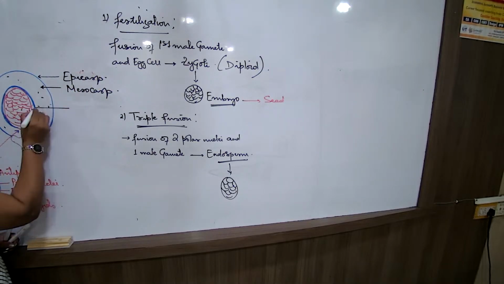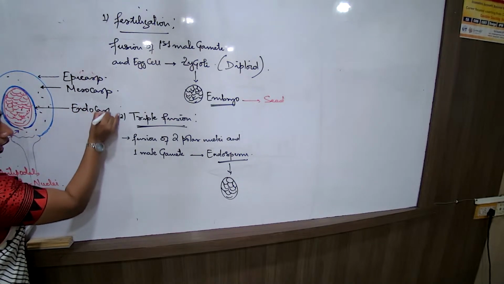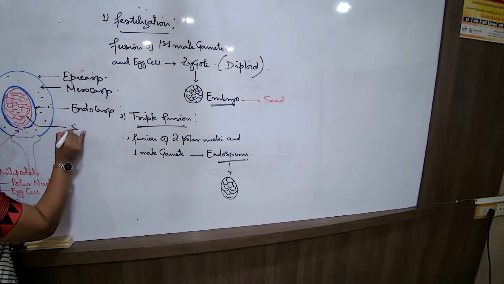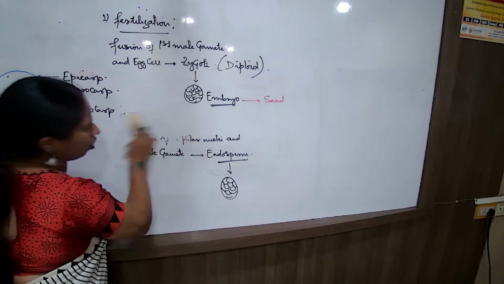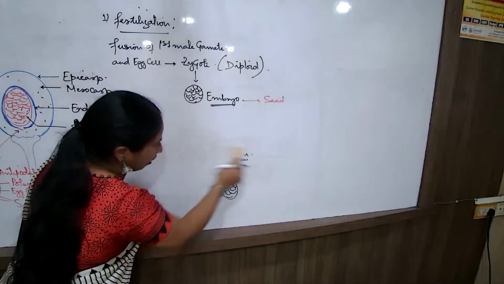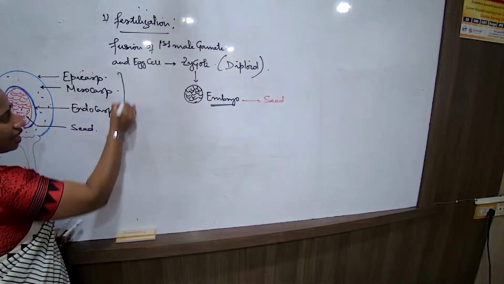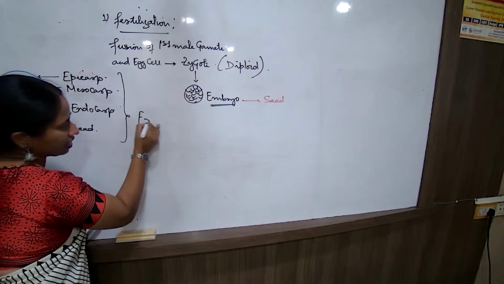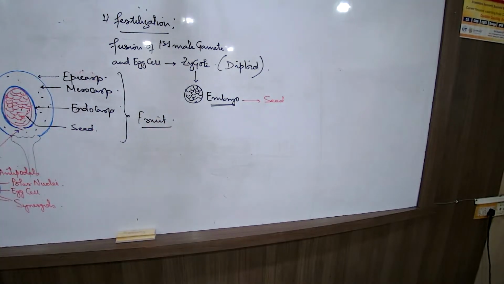The outer covering of the seed is known as the endocarp, and then we have the seed inside. So, talking about the concept of triple fusion and fertilization, we now try understanding this entire structure. What is this now? This entire structure is the fruit. How did that flower get transformed into the fruit?